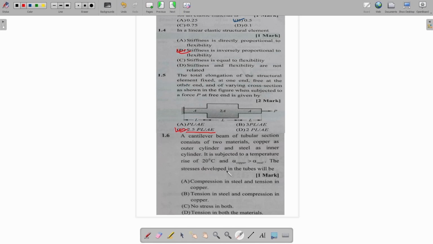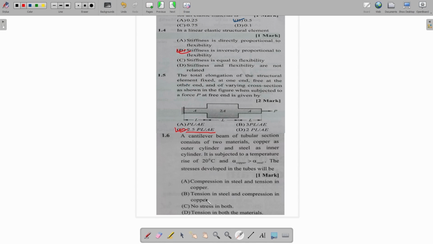What kind of stress will be developed in the tube? Some options are given: compression in steel, tension in copper, tension in steel, compression in copper, no stress in both, tension in both the materials. What kind of stresses will it generate?